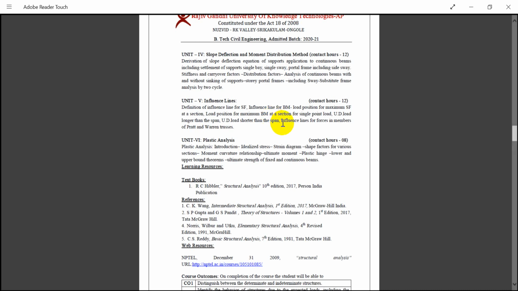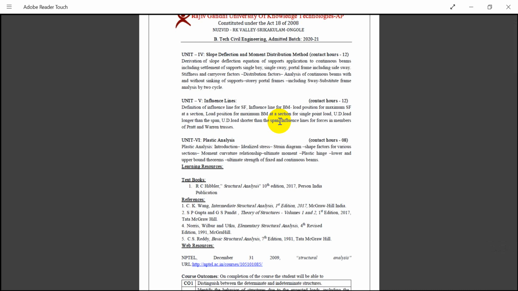Okay. Later, influence lines for the forces in the members of frames and trusses. This is truss influence lines. We will allot at least 2 classes for the topic. But before that, another topic is also there. That is very easy and very interesting: how to draw influence lines without calculating any forces, by a graphical method.